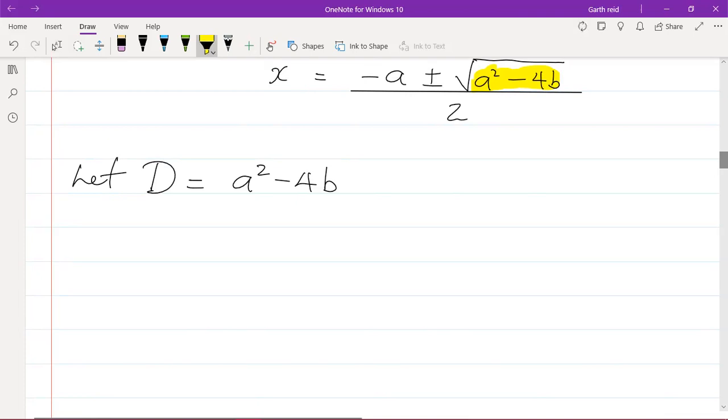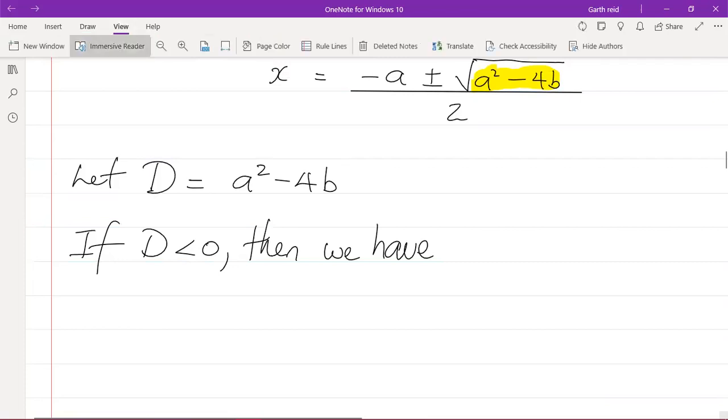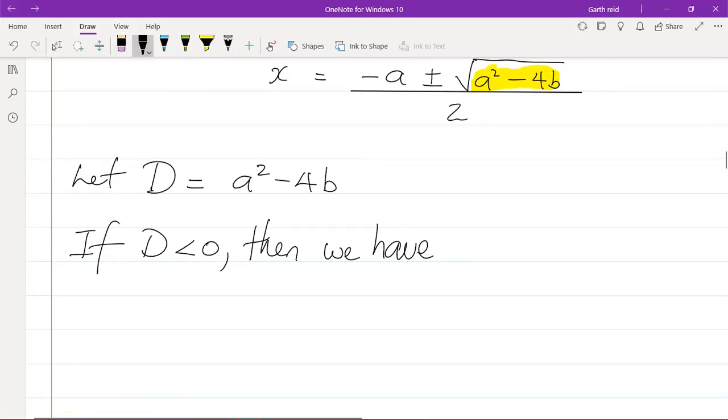It means that the value of d must be negative. So I'm now going to write a statement here and say if the value of d is less than 0, then we have no real solutions.